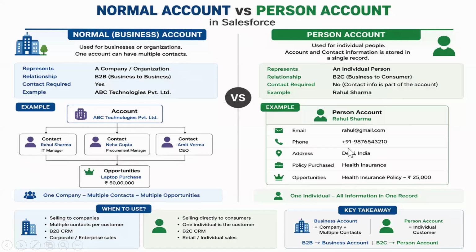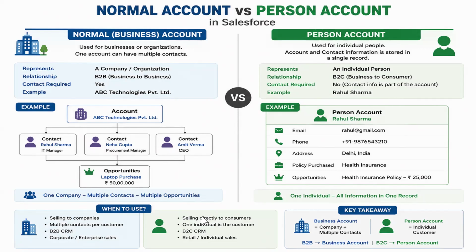Use a business account when we are selling to companies, when there are multiple contacts per customer, in B2B CRM or corporate enterprise sales. When we are selling directly to customers, we use a person account, for retail or individual sales. Key takeaways: a business account is a company plus multiple contacts, and a person account is an individual customer. That is the difference between a normal business account and a person account.